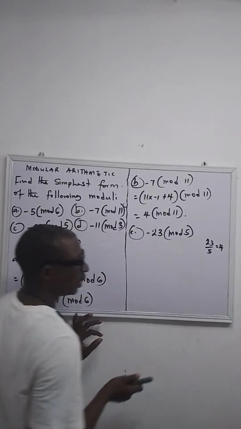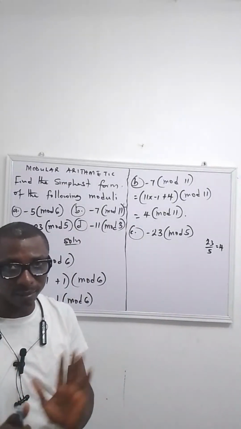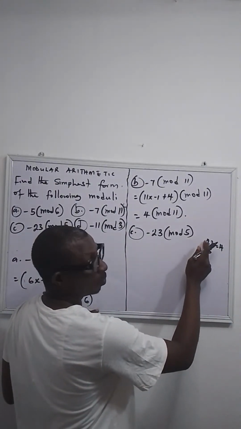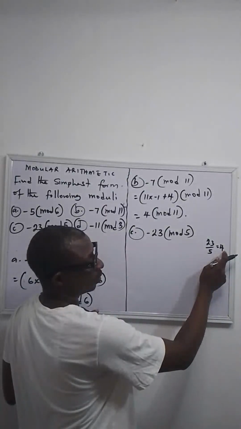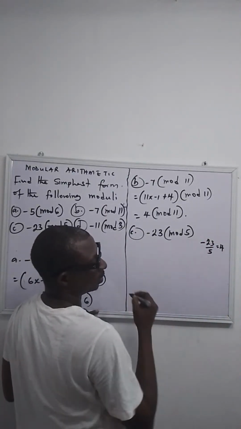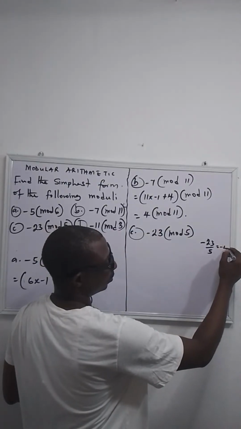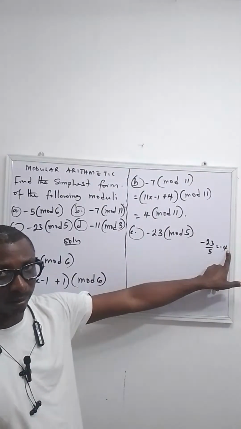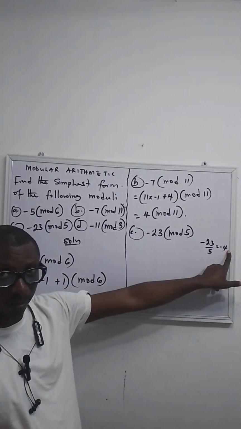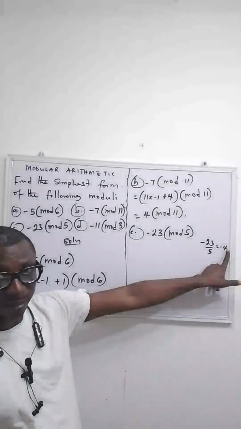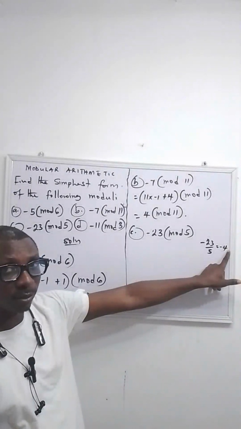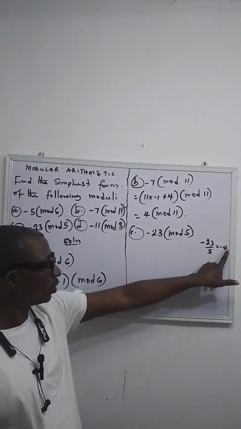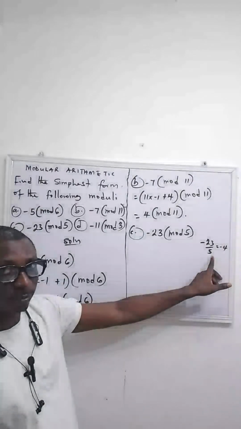Now this time around, you just have to disregard the remainder. The number of times this will go in it is 4. So just assume that this is negative. Your result is going to give you -4. Now, increase this -4 by -1, that is, you add -1 to it. That gives -5. So use -5 to multiply this.